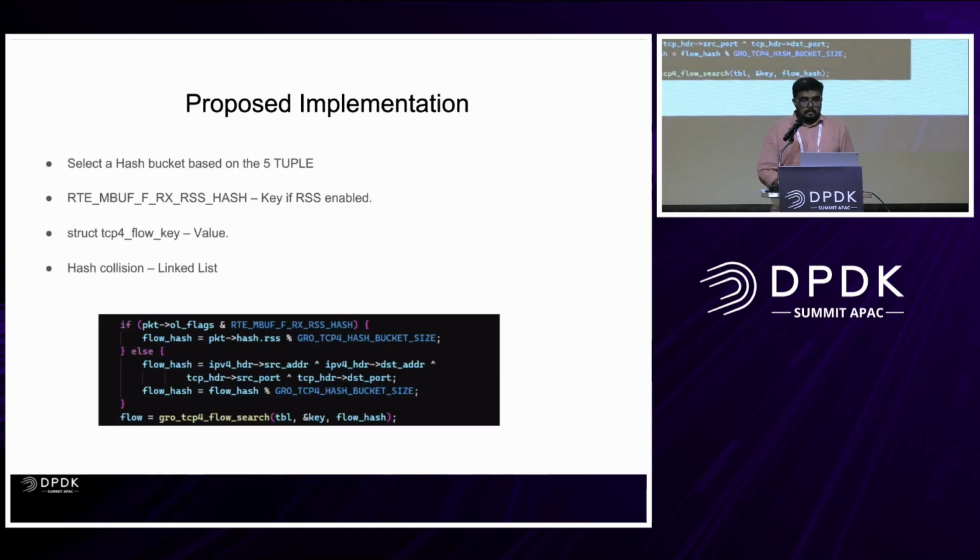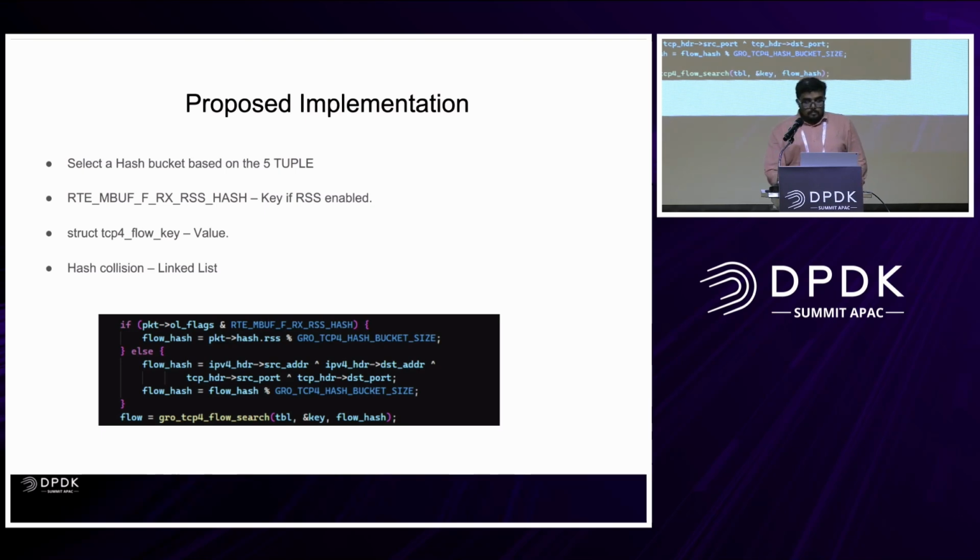So the next obvious approach is to use a hash-based approach. The hash key is derived from the 5 tuple. If RSS is enabled, then the hash key can be reused from the RSS field itself. If there is a collision, the current approach is to use a linked list.